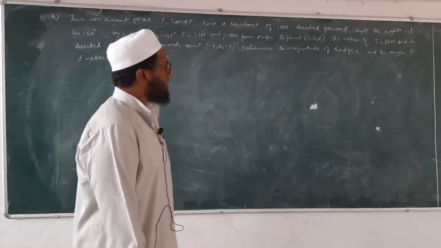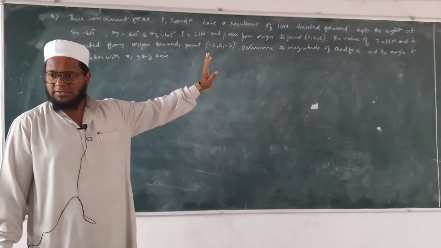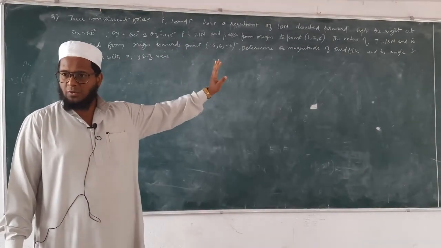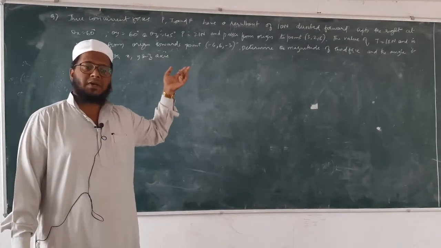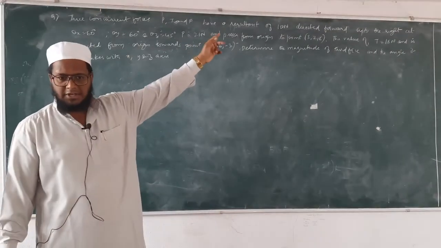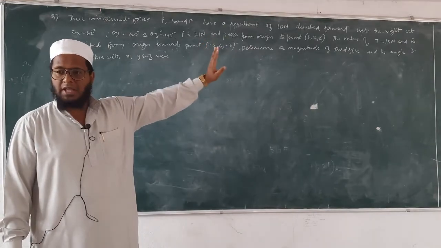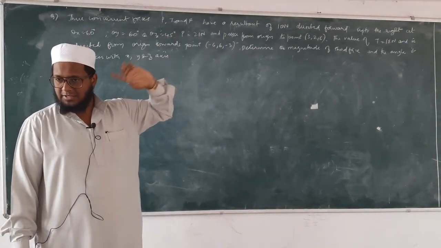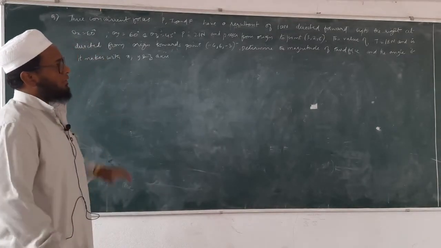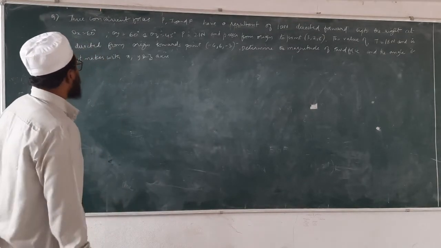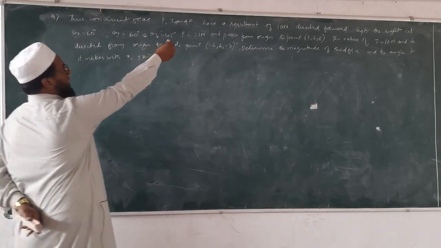Yes. So now two forces are given to us, three forces totally, and both known forces pass from the origin to a certain point. Now we have to calculate the third force, that is force F. Determine the magnitude of the third force.